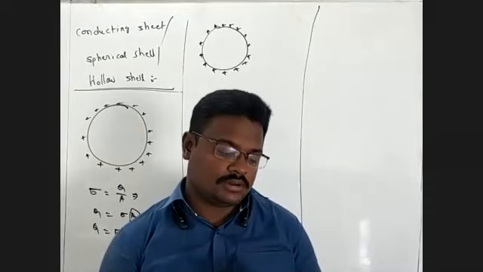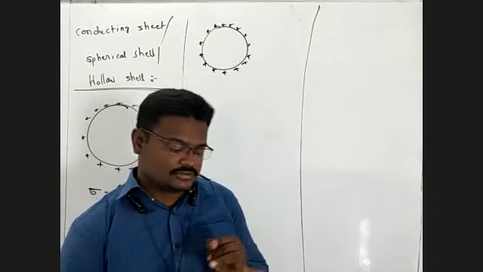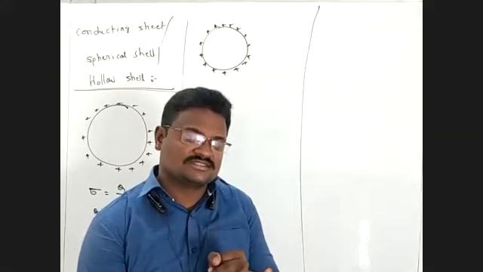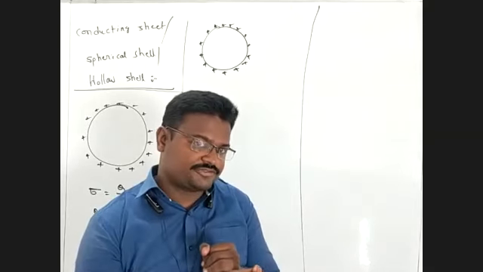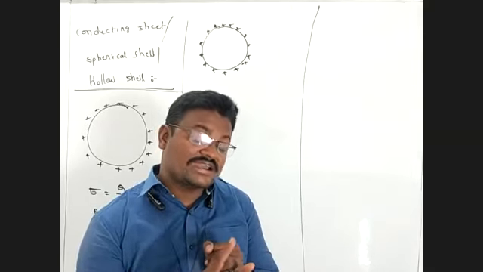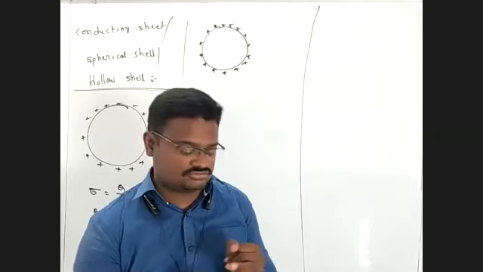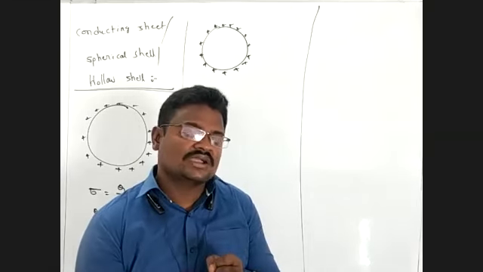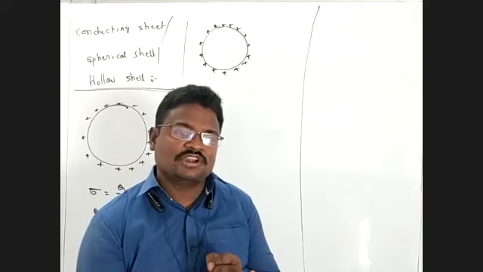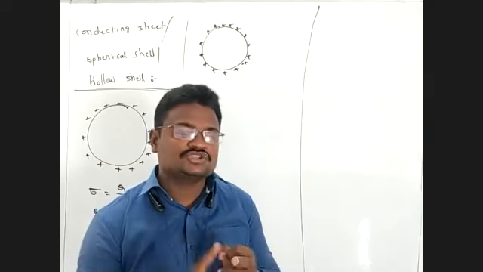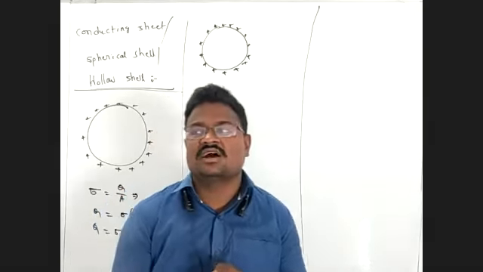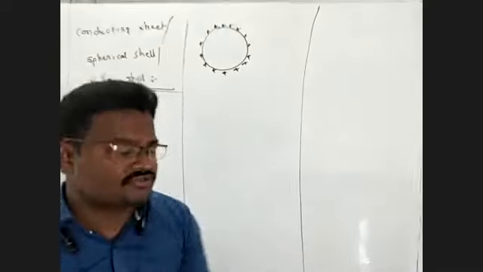First of all, construct the Gaussian surface. Second point, calculate the electric flux through the Gaussian surface. Next, calculate the charge inside the Gaussian surface. We have to find these 3.